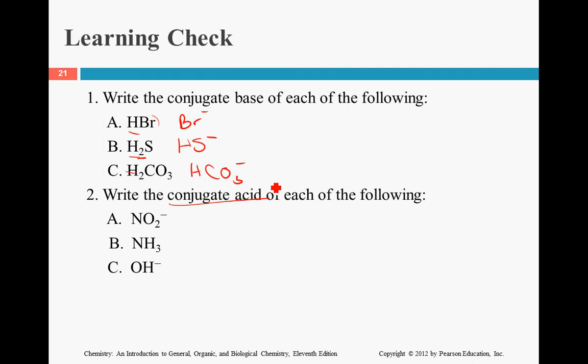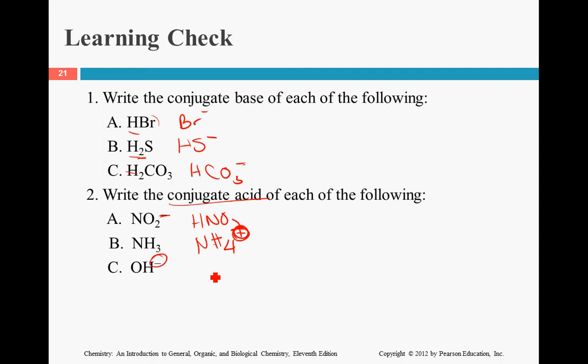Write the conjugate acid. So we're going to add a hydrogen to each of these. So NO2 minus becomes HNO2. NH3 becomes NH4. But now it has a positive charge because right now it's neutral. Notice it went from a negative to a neutral, and these went from neutrals to negative. That all has to do with adding the hydrogen. This has a negative.